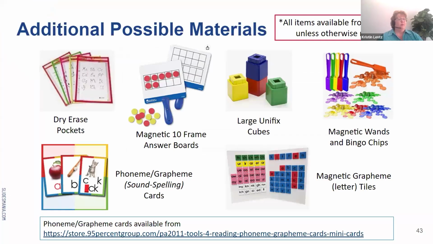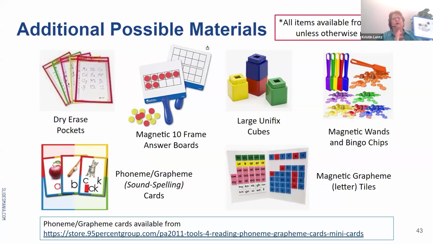I wanted to share a couple additional materials. As I mentioned, putting something in dry erase pockets or even page protectors is a great strategy. You saw me holding up this. I can thank Dr. Pam Kastner for this one as well. This is fabulous. This is actually a magnetic 10 frame board for math.